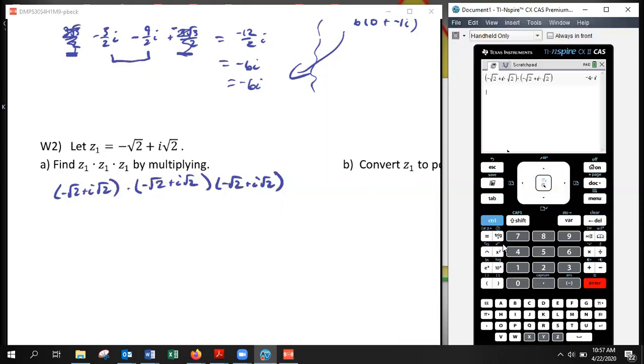Let's multiply that, and that ends up multiplying to be negative 4i. And so I'm going to multiply that answer by, once again, you guessed it, negative square root of 2, and then plus i.